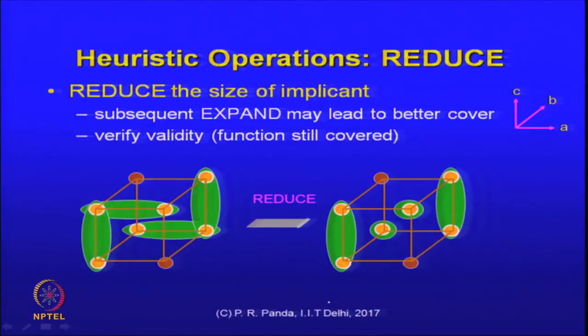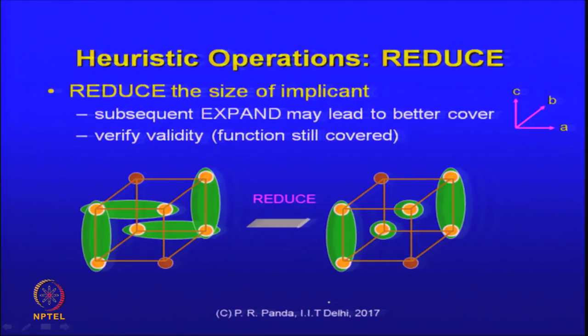So, this reduce just refers to in the n dimensional space how much space it covers, how many vertices it covers. What would be the point of the reduce? The point of expansion is that it ultimately reduces the number of product terms we have, which is a good thing. This operation does not lead to a more optimized solution.